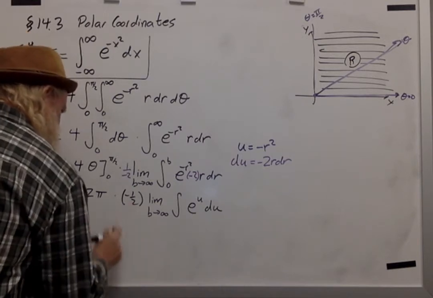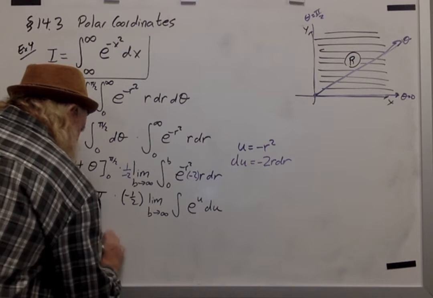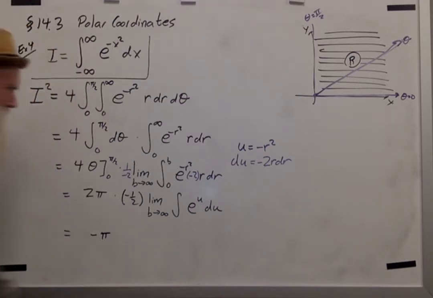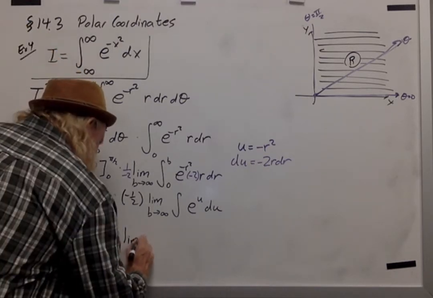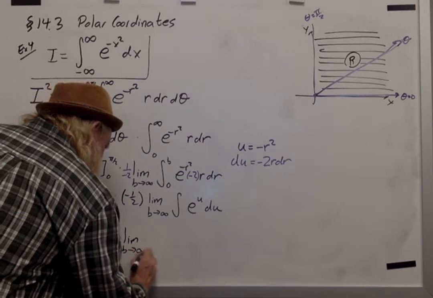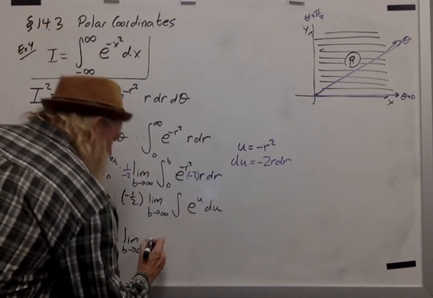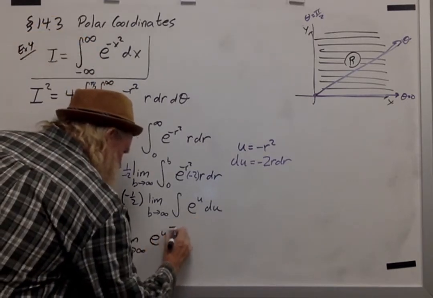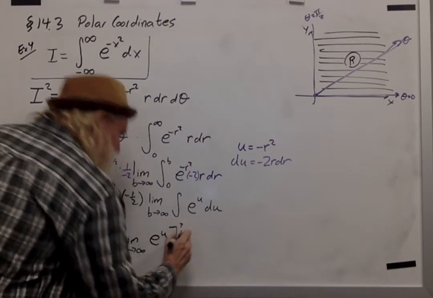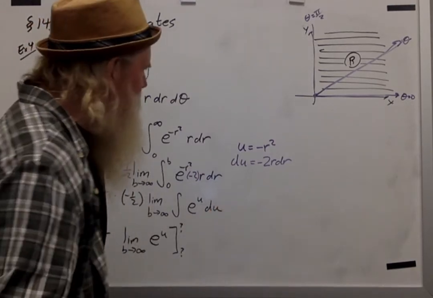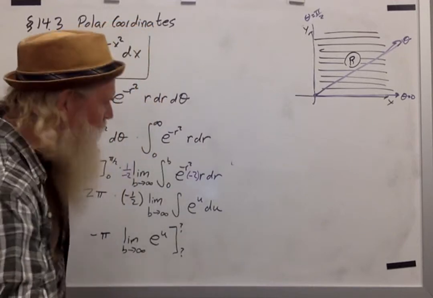So 2 pi times negative 1/2 is negative pi times the limit as b goes to infinity. The integral of e to the u is just e to the u, taken from something to something. And now let's switch back to r's.